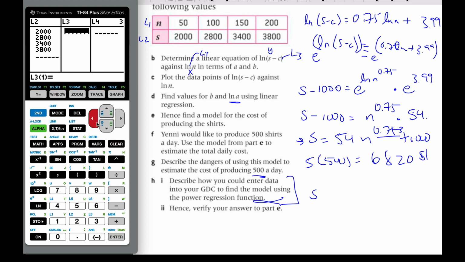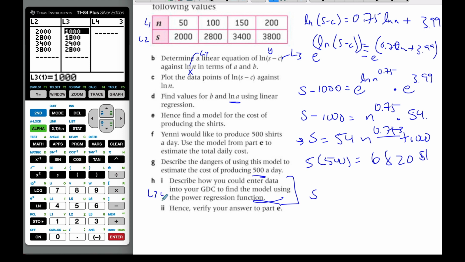What I'm going to do is subtract 1,000 from all of these. So L2 minus 1,000, and now everything's 1,000 less. That is going to be my Y value.